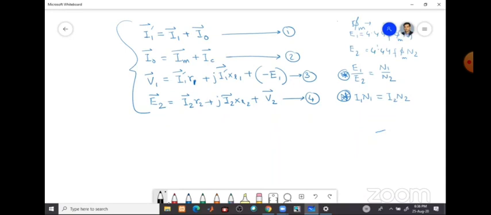So first thing, we'll take equation number 4, and we'll multiply both sides of the equation by n1 by n2. So we can do that, isn't it? Mathematically, any number we can multiply on both sides.